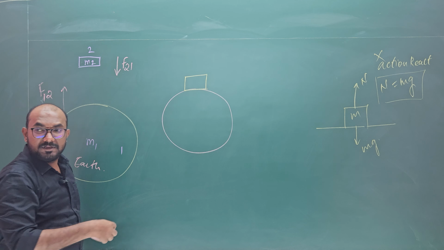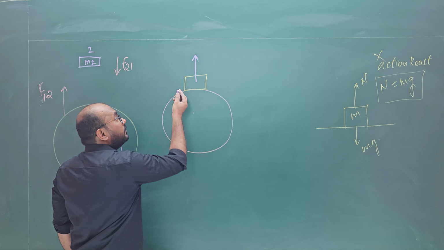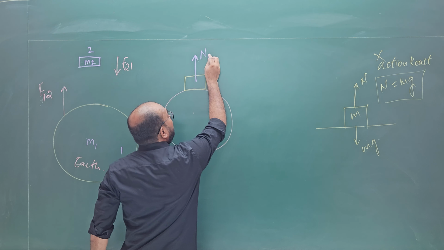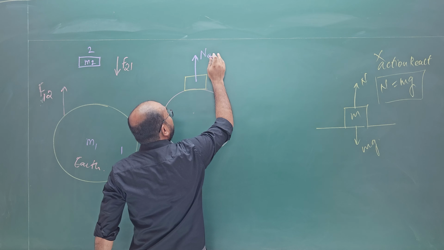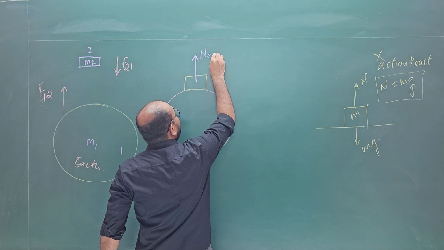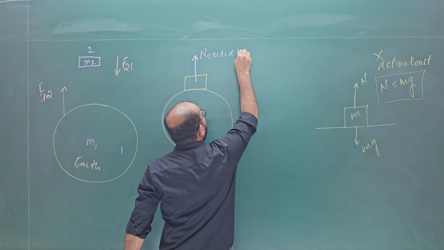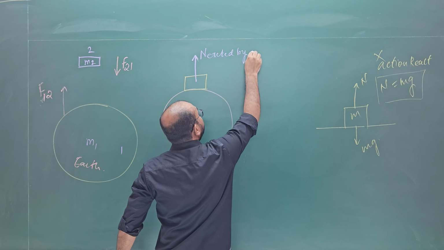Now, can I say that the earth tries to repel or push in the upward direction? That is nothing but your normal. So, who is applying the force in the upward direction? Earth is applying the force in the upward direction. That is your normal, normal exerted by earth. This is the direction. Yes or no?